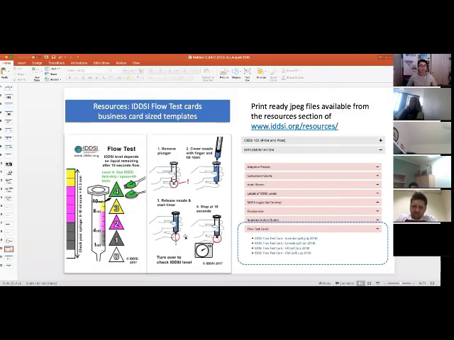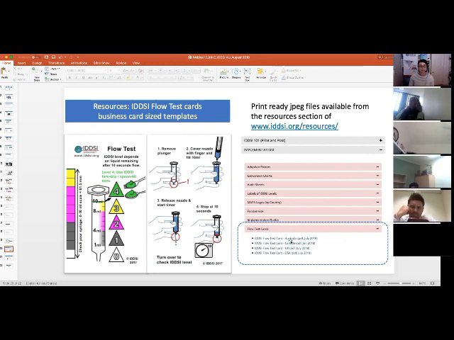We have a range of resources available on the IDDSI website. So again, if you're training staff, you may find that the flow test cards are beneficial for you. These look like this. They're little business cards, printed with a gloss finish. IDDSI doesn't have the capacity to print and ship out to you, but what we have done is employ the services of a graphic artist to create print-ready business cards.